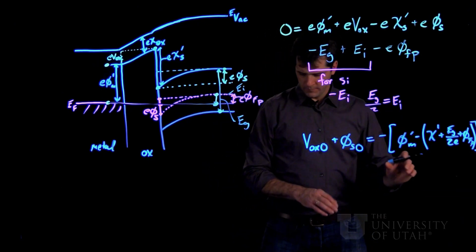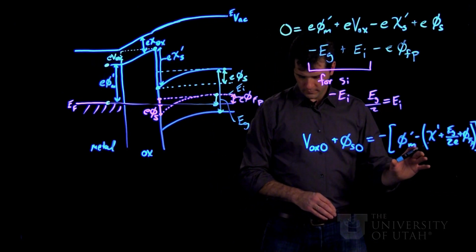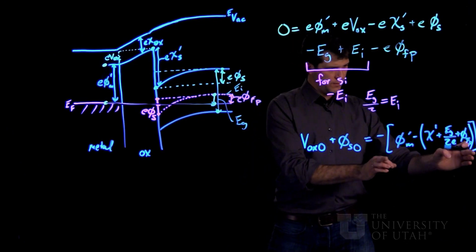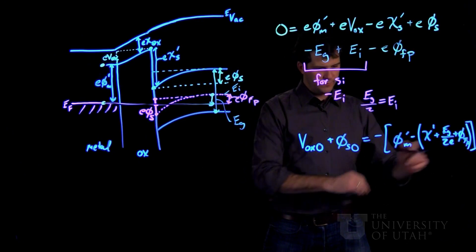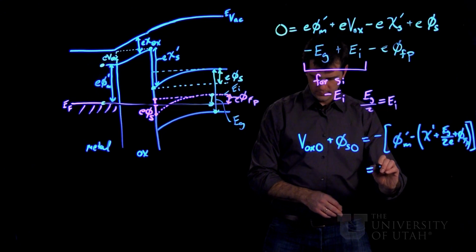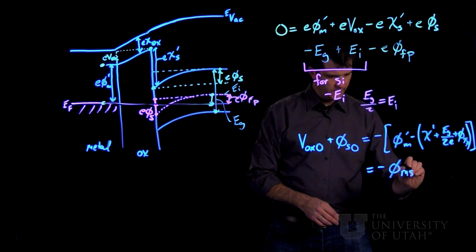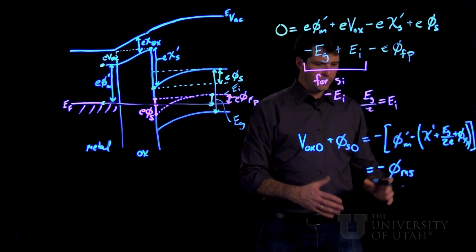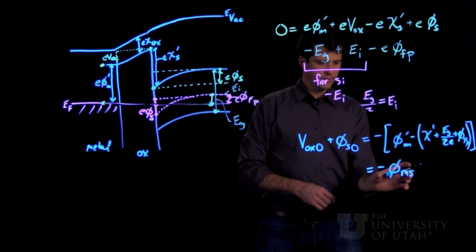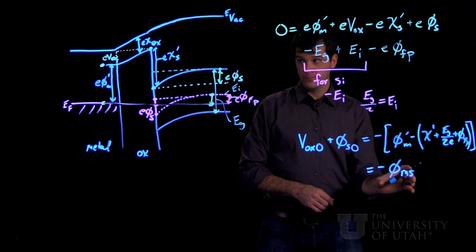Now we can take this whole quantity here in brackets and define it as negative phi metal semiconductor. So this is like the metal semiconductor work function difference.